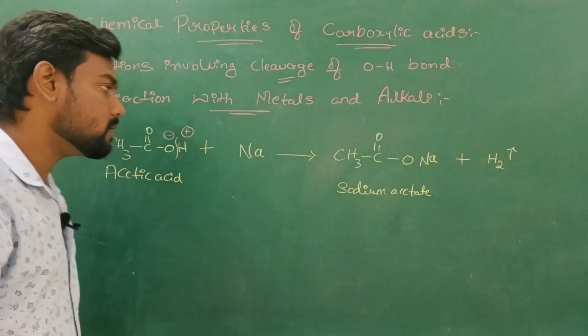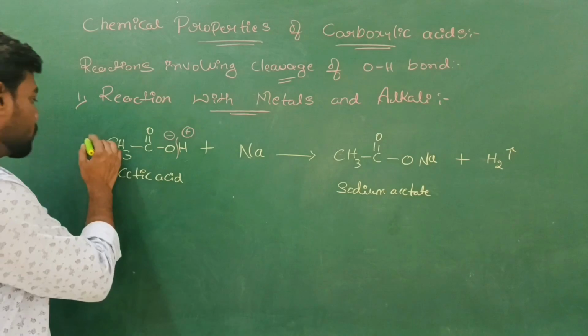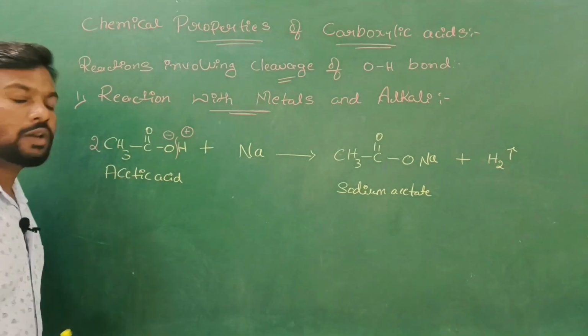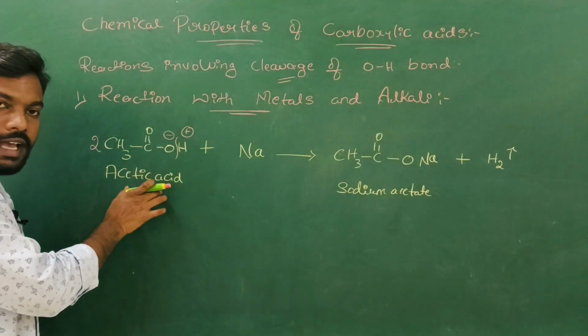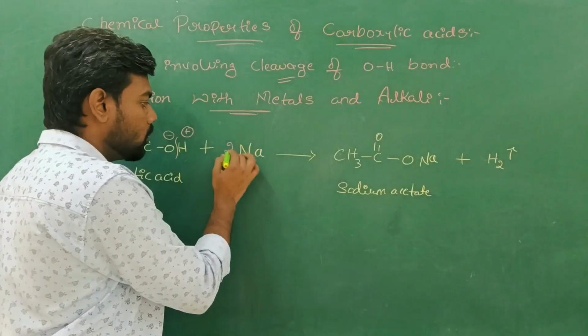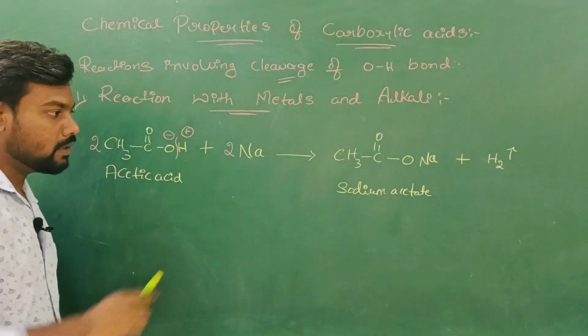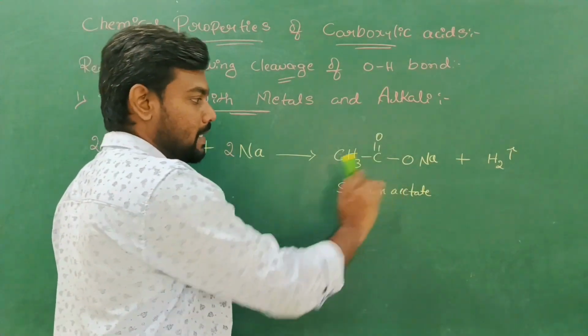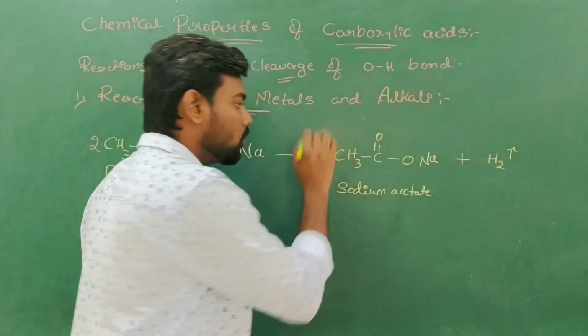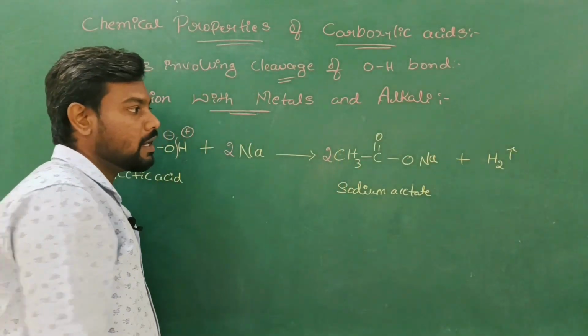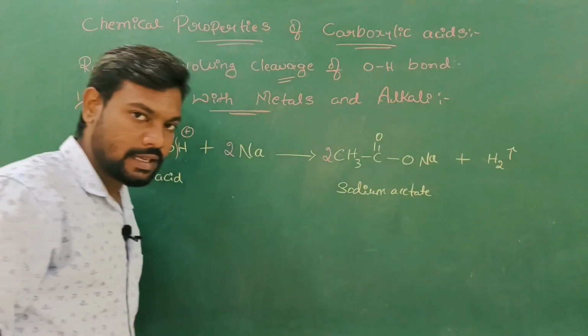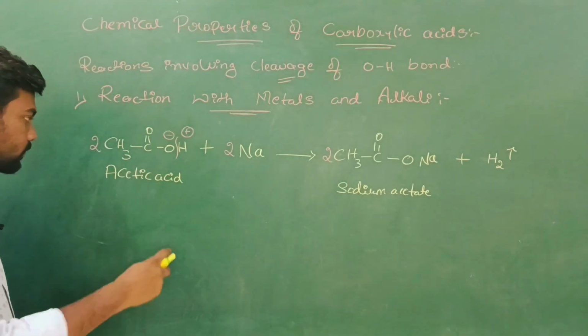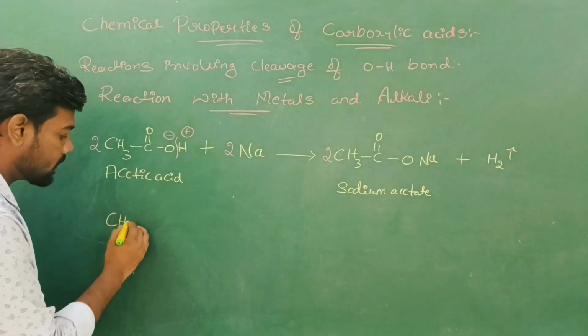Here, two molecules of acetic acid react with two molecules of sodium metal to give two molecules of sodium acetate and hydrogen gas. Clear?